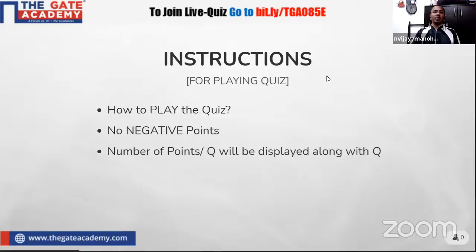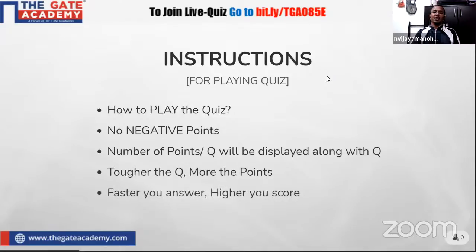The number of points per question and the time given per question will be displayed along with the question. Tougher questions will have more points. And the interesting part is this: you answer the question fast, there's a reward for it. Faster you answer, higher the score. There's a reward for getting to the answer first. So with all these things, let's get started. All the best.